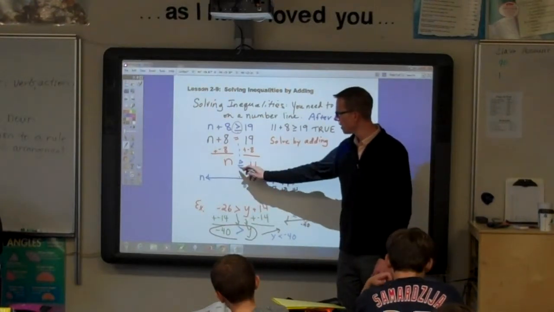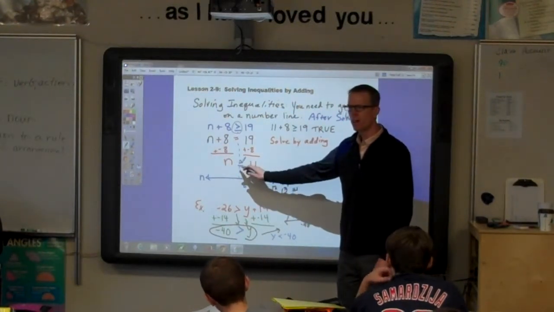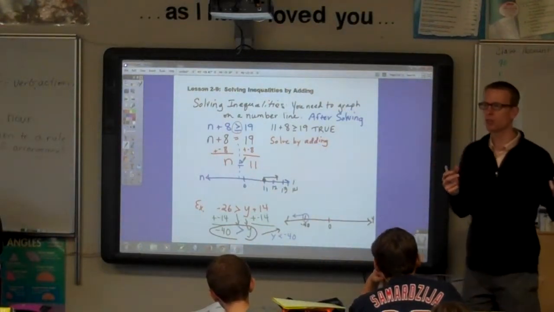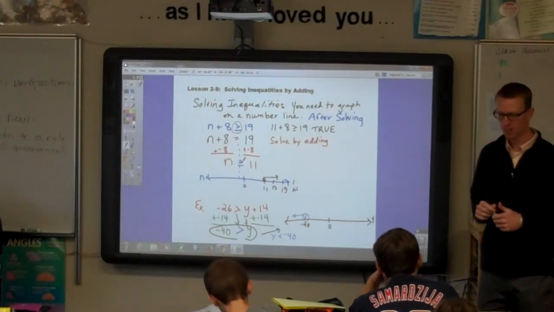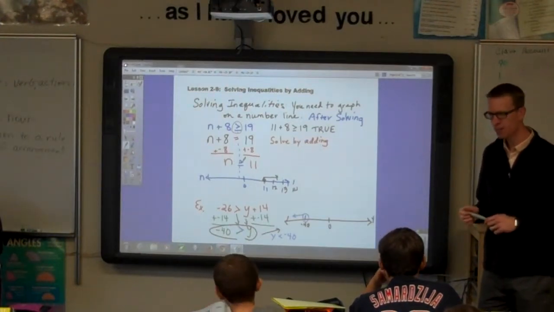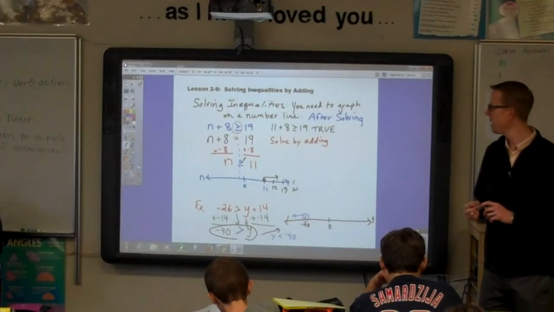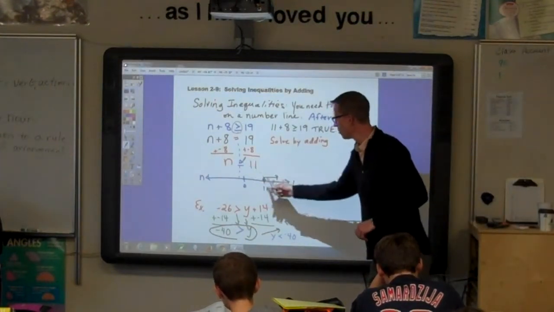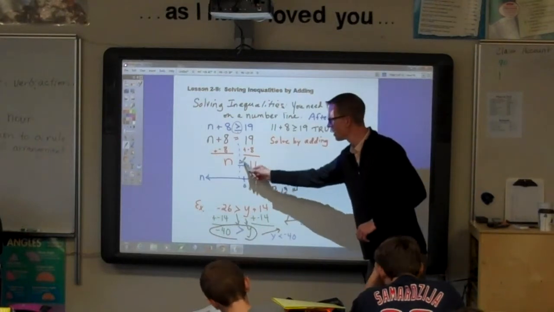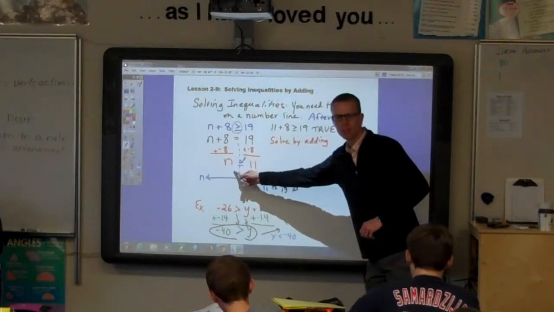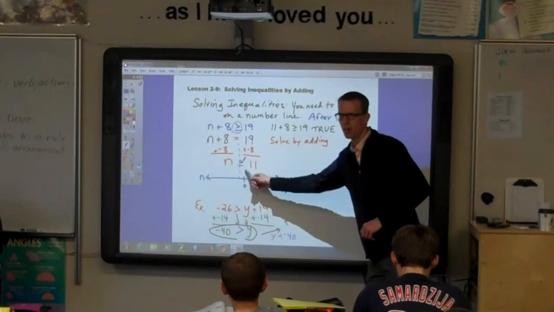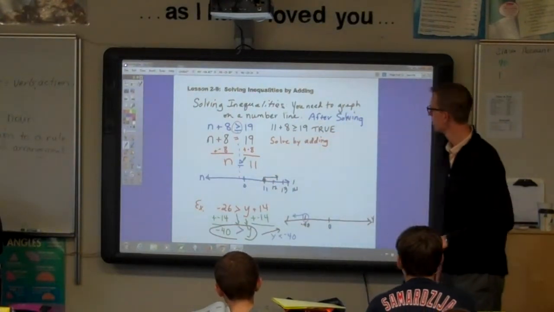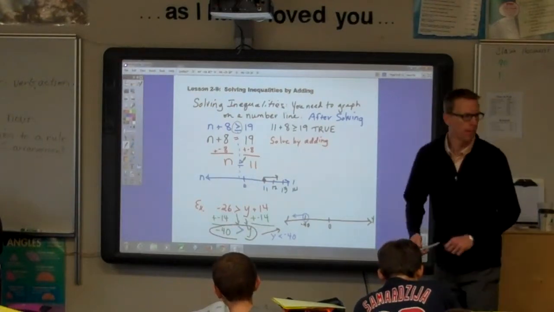You now know that for any greater than or equal to sign or less than or equal to sign, you have to use a solid dot when you mark it on the number line, right? And you know that you'll shade the same direction as the arrow because the variable is first. N is greater than or equal to 11.